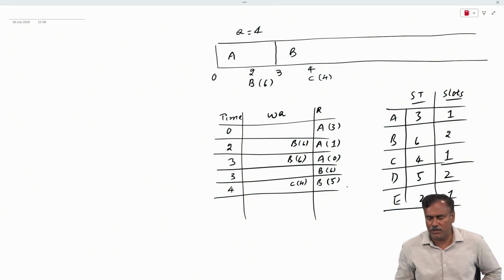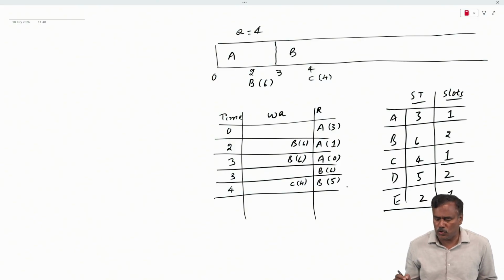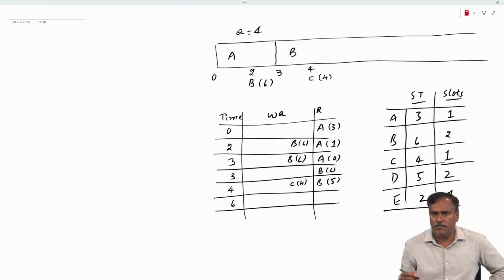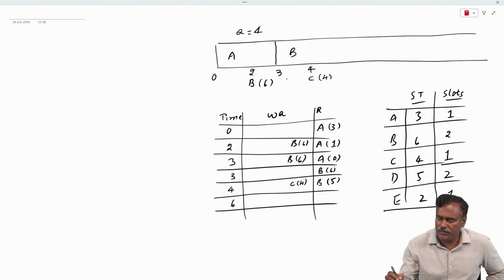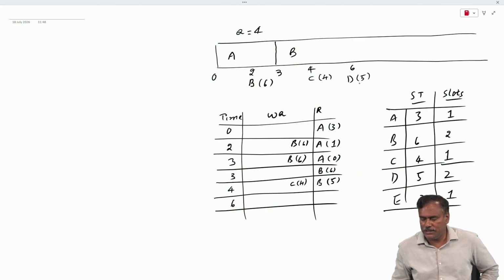You know the slice time is 4. So 3 plus 4, that is till the 7th unit of time, B itself is going to continue, but at different intervals of time, different processes are entering. So at the 6th interval of time, one more process, namely D, is going to enter into the queue, which needs a service time of 5 units.